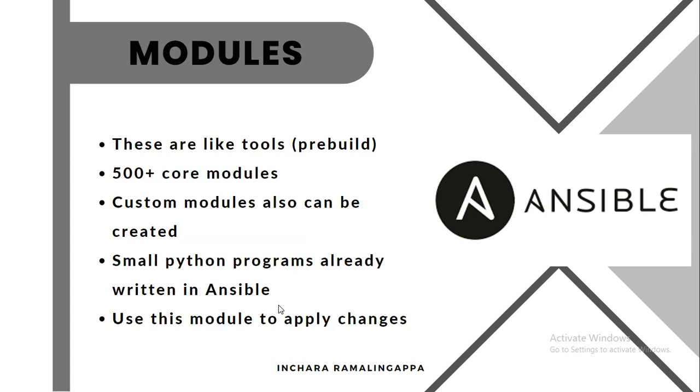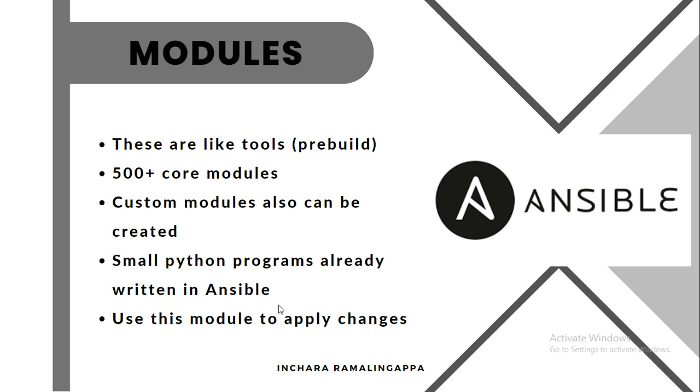And next we have modules. Modules are like tools, pre-built tools in Ansible. There are 500 plus core modules available in Ansible. We can customize some of the modules. Modules are nothing but small Python programs already available in Ansible.